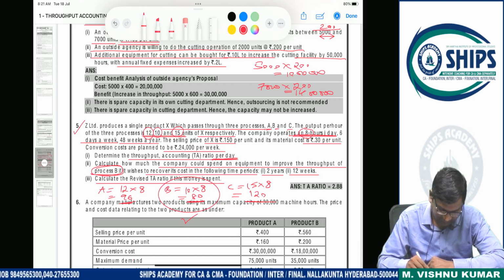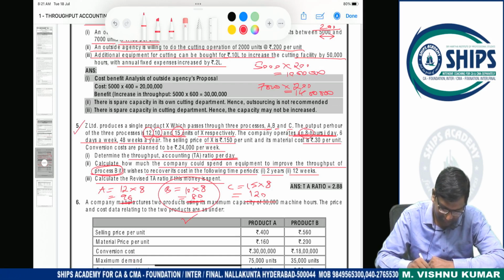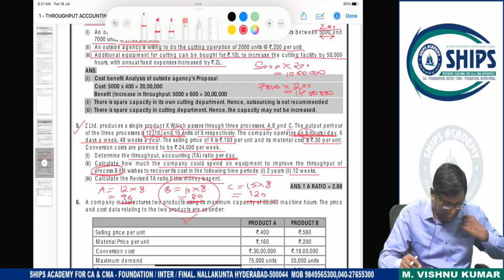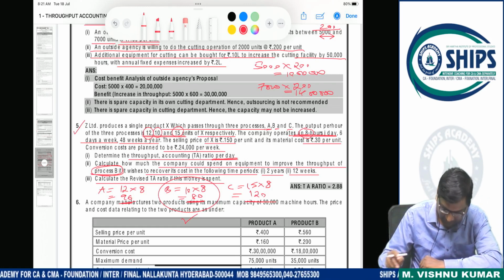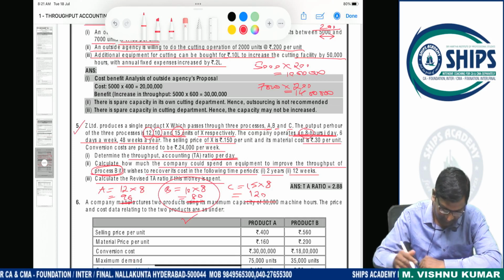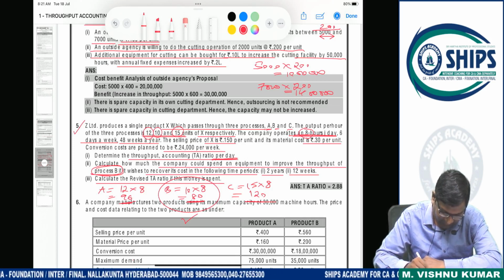Understand? Yes, sir. So according to process B, we have to calculate the throughput accounting ratio per day. This is 80 units for the day.